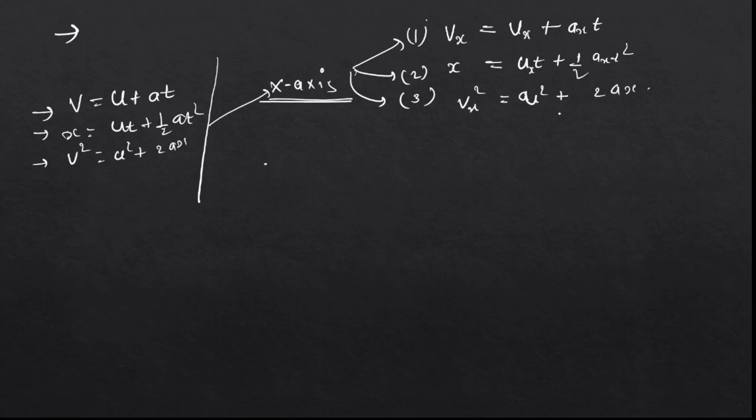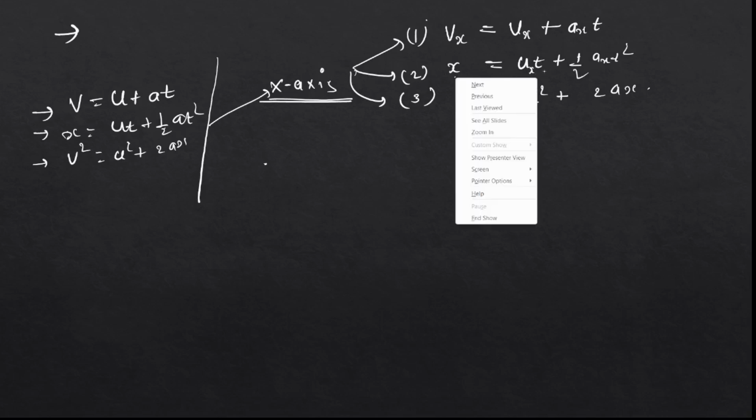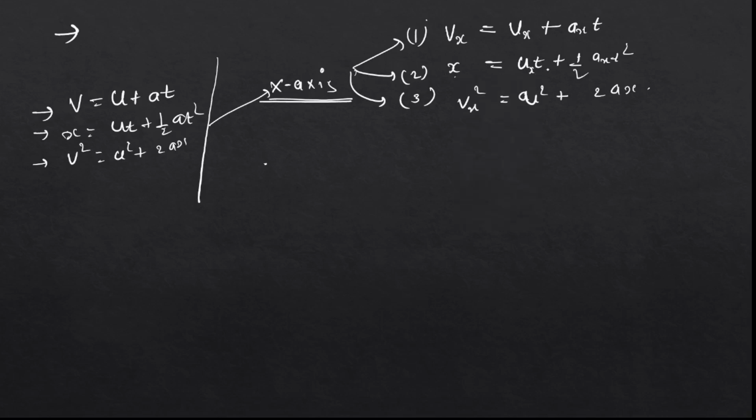And this equation is a direct function of time, as you can see here, and obviously you can find the position at any particular time. So according to the problem, you can use any one of these equations, right?